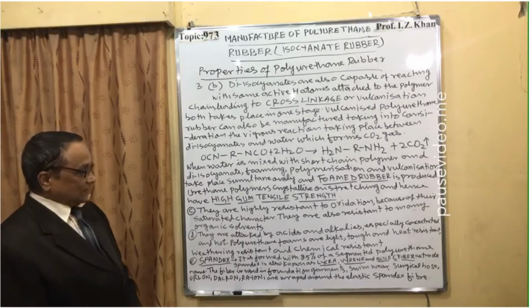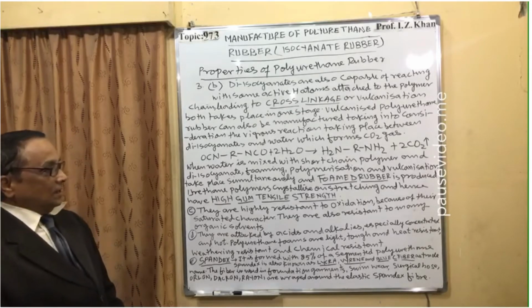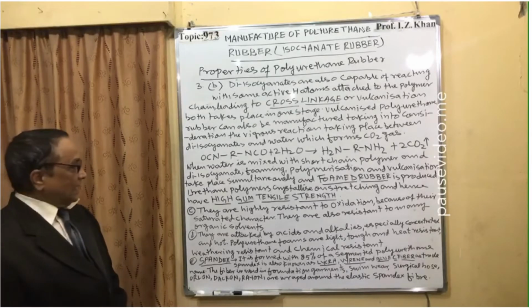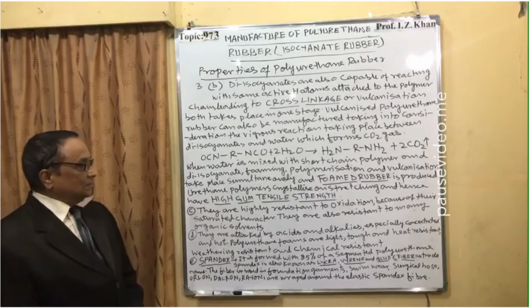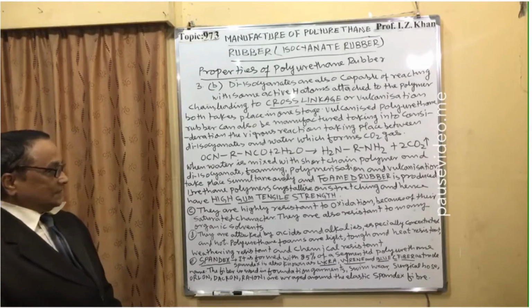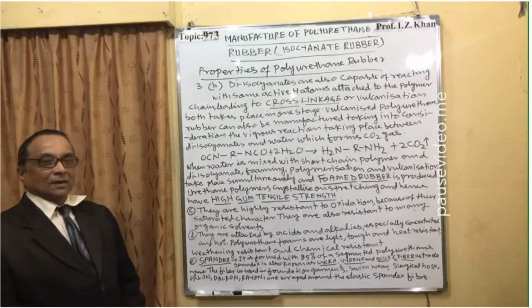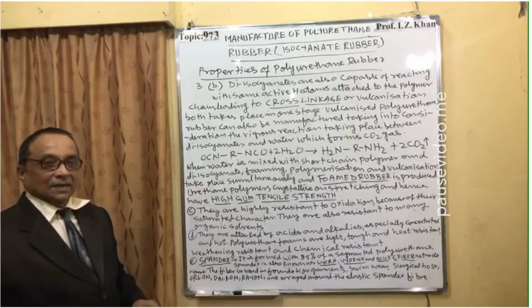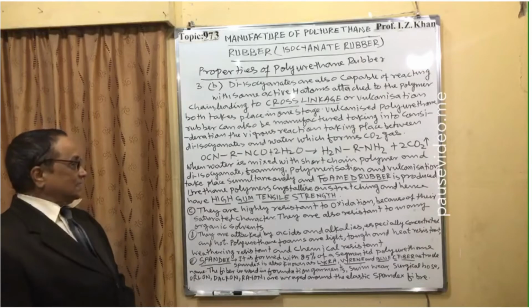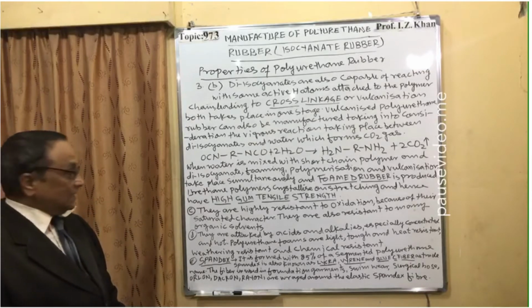Urethane polymers crystallize on stretching and hence have high gum tensile strength. Actually, when you stretch this polyurethane rubber, it crystallizes, and that's why it has high gum tensile strength.